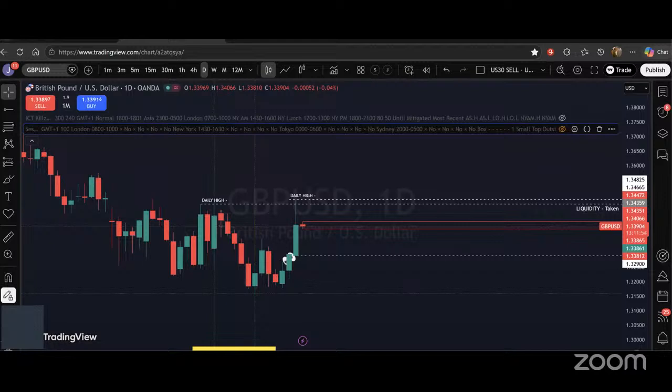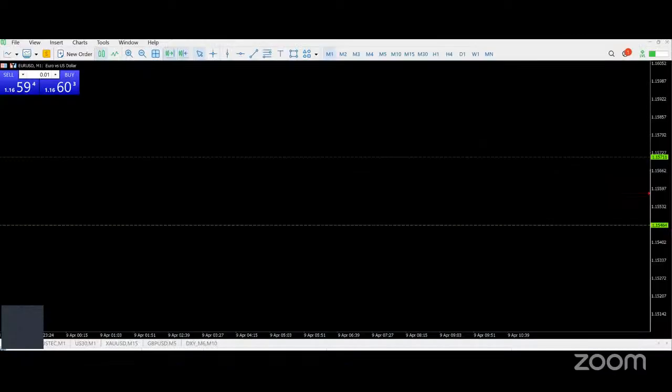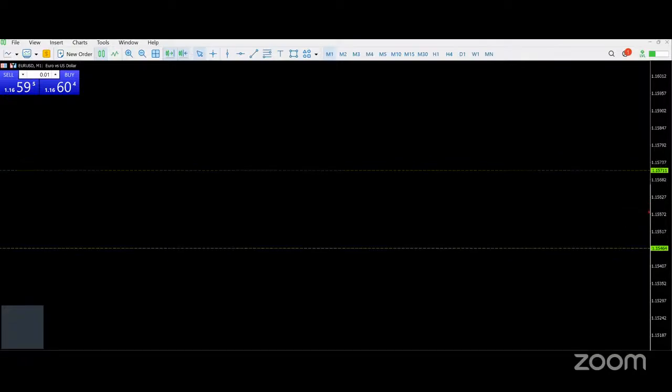Let me minimize everything apart from our TradingView. And we're going to open up our MT5 again. And let's go one more time.